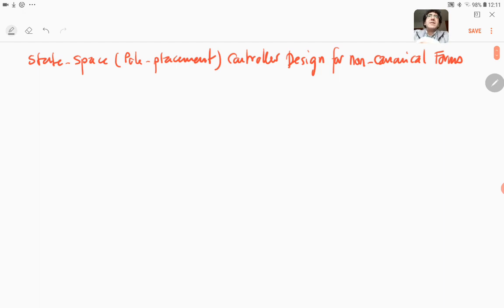We have seen that if the system was already given in controllable canonical form, or if it's given in transfer function form and you find the controllable canonical form, it becomes very easy to design a controller.